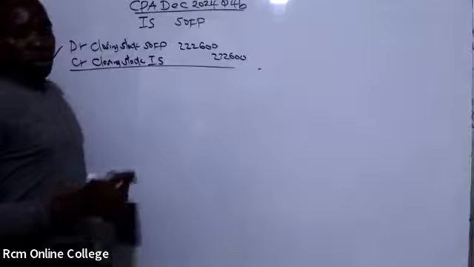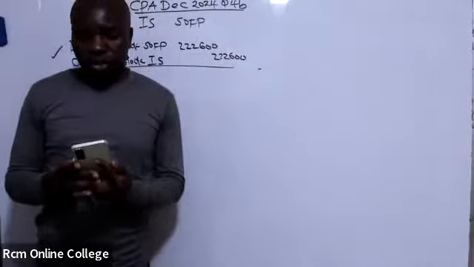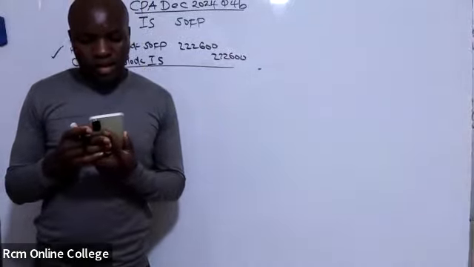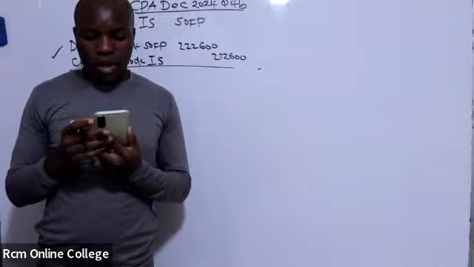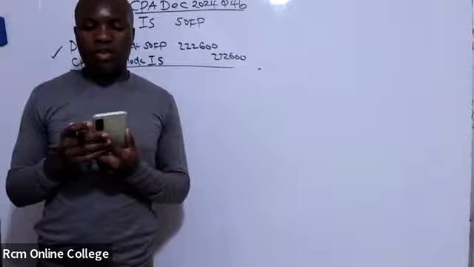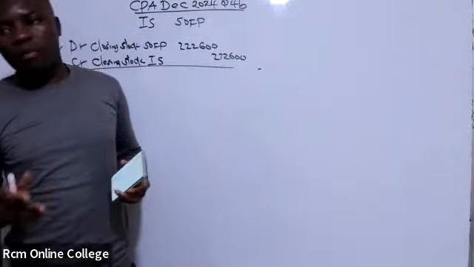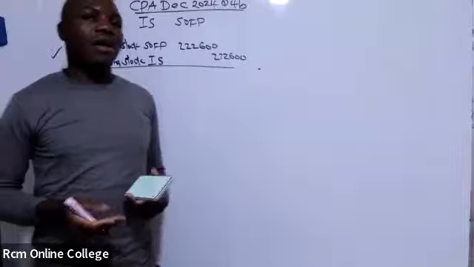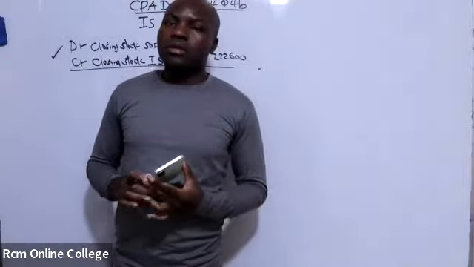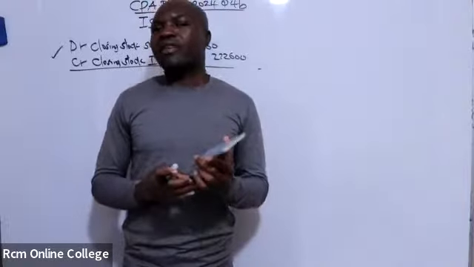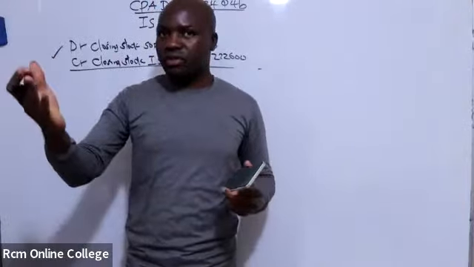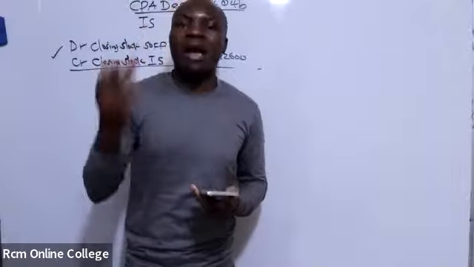Additional information number 2, we have, as of 30th September 2024, rates paid in advance amounted to 10,500. So the payments that are made in advance are normally recorded as assets. And the advance payment reduces the expense balance.